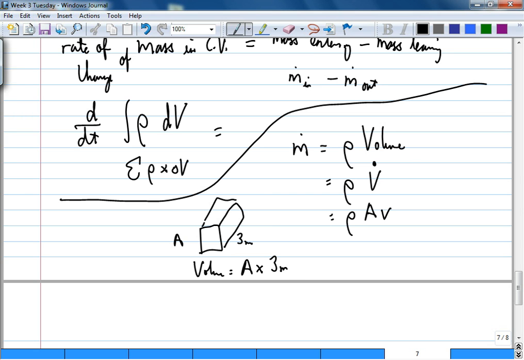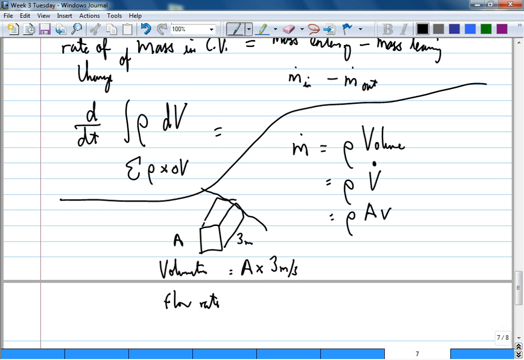So to repeat, we have a volume with length 3 meters and area A, so the volume is 3 times A. Think of this like one very long spaghetti, where the cross section of the spaghetti is A. If that spaghetti moves at 3 meters per second, in 1 second you will have 3 times A volume going in.